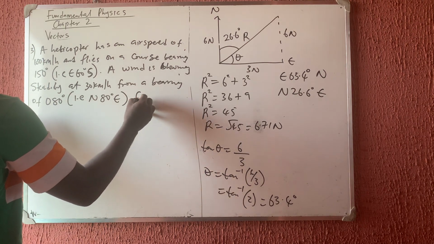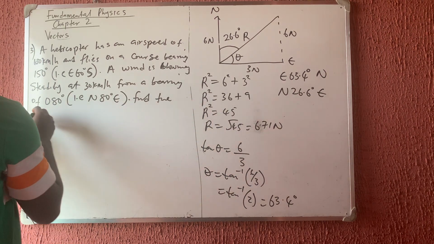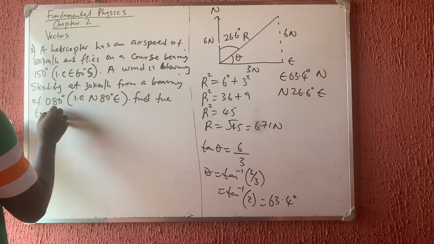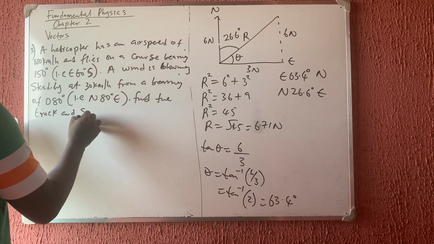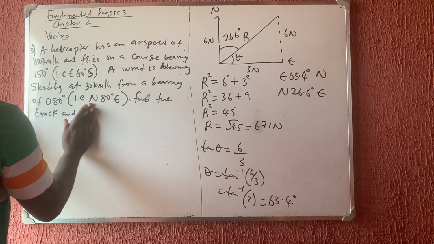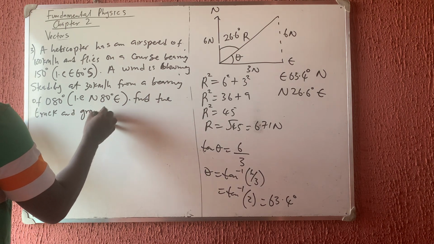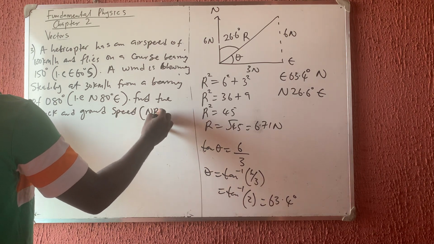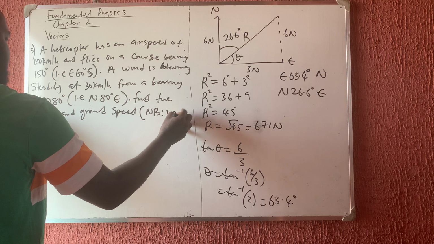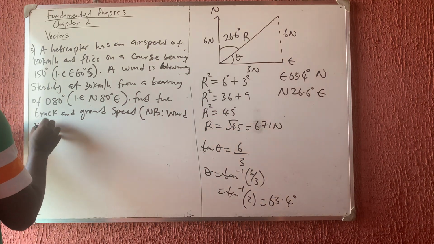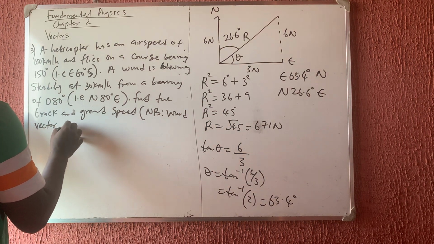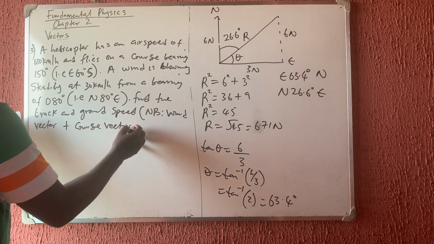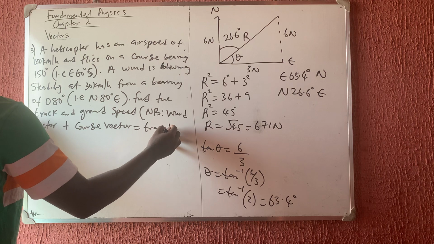Then find the track and the speed, the ground speed. Note that wind vector plus course vector is equal to the track vector.